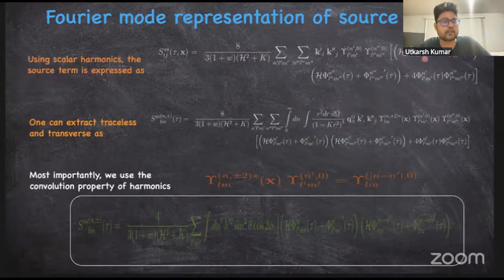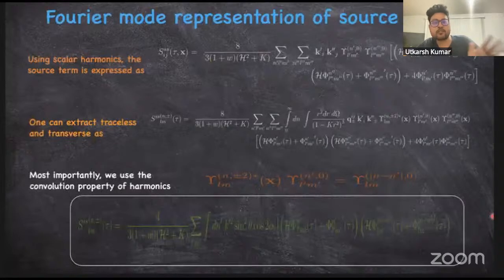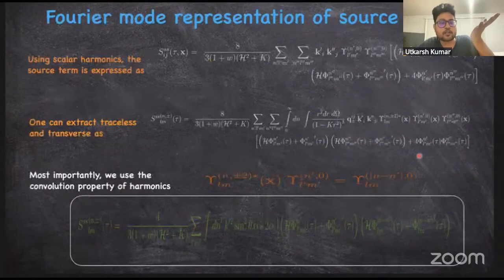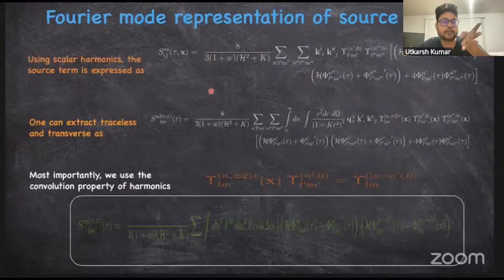As we note here, there is a summation over all the quantum numbers n, l, and m. Furthermore, since the source has to be traceless and transverse as it is the source of the gravitational waves, we have to extract only the traceless and transverse quantities from this source.